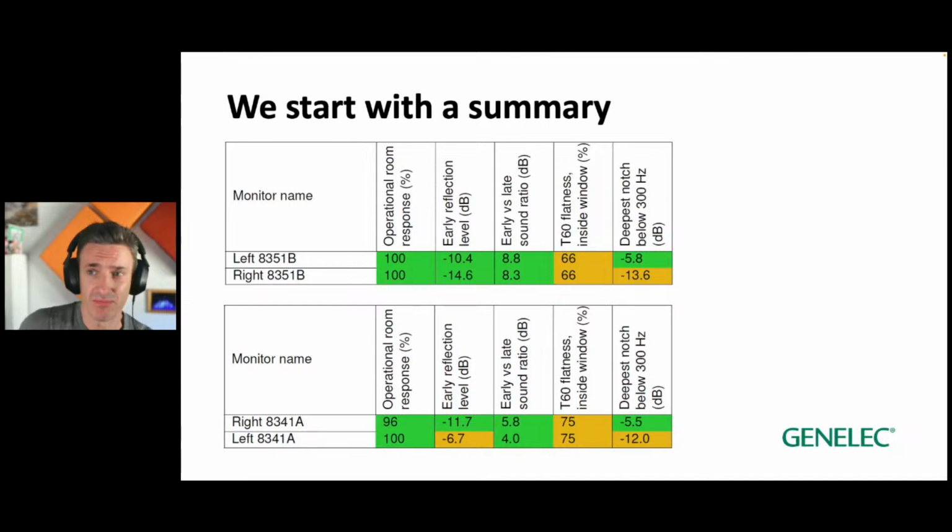So just to explain it, that is sound that is reflected and reaches your ears later than 20 milliseconds after the direct sound. And of course, in the studio, we want to make sure that we are listening to the recording, so what's coming out of the speakers. I'm not interested in listening to my own room and what my own room is adding. And therefore, I'm always a fan of having a high amount of direct sound compared to the diffuse sound.